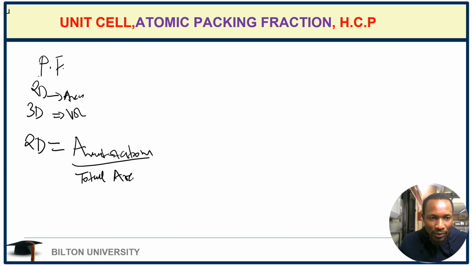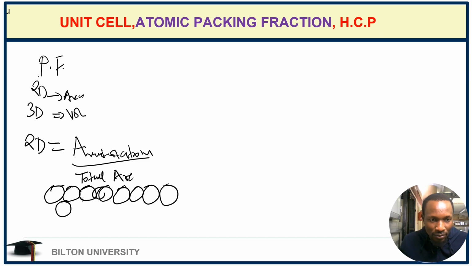So let's look at the arrangement of the atoms. For example, we have atoms which are arranged linearly, and we have other atoms which are arranged differently. So these are atoms, and we still have atoms being arranged in this way.